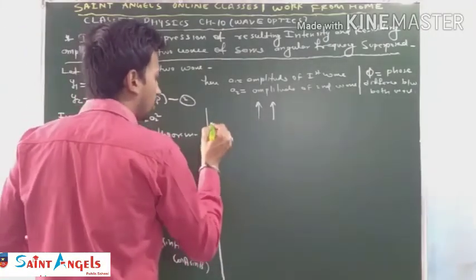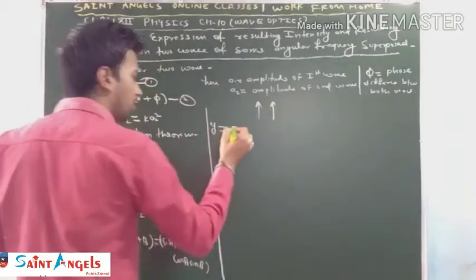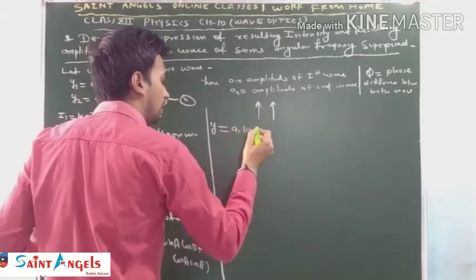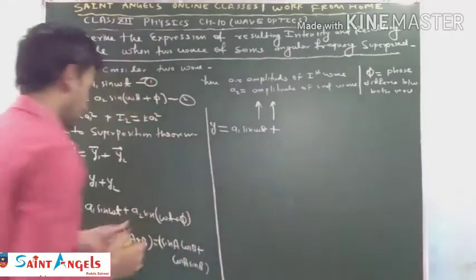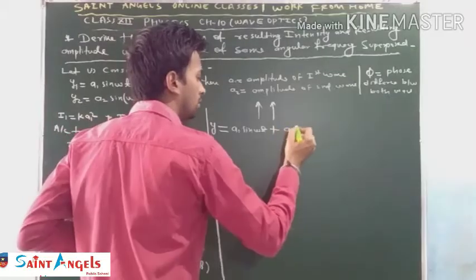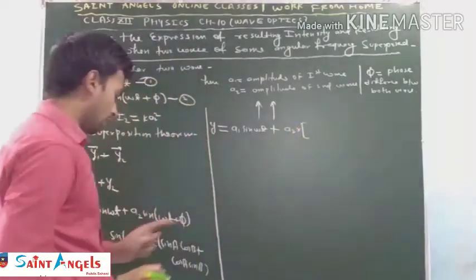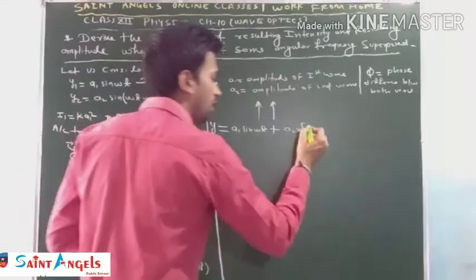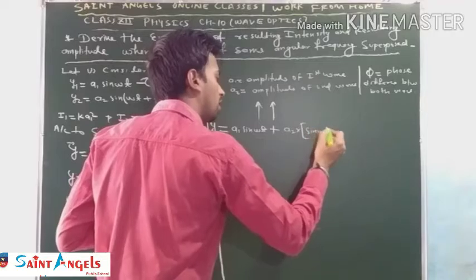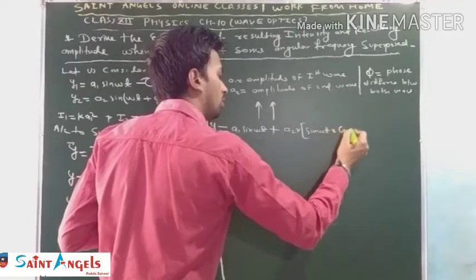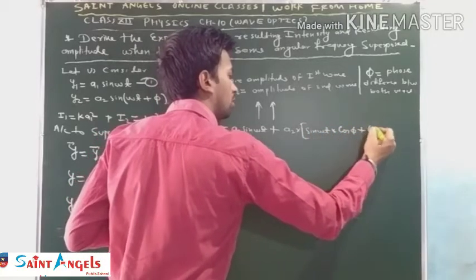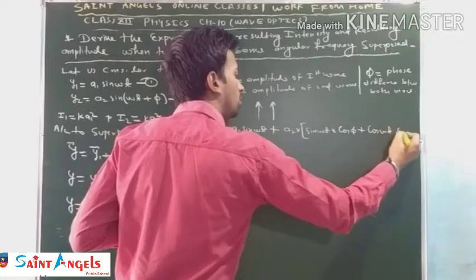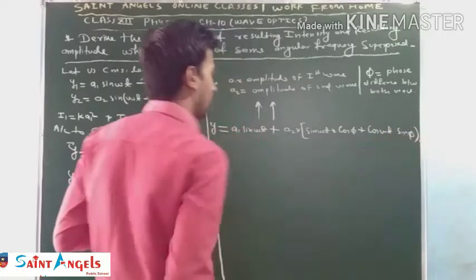So we have y equal to a1 sin omega t plus a2 sin (omega t plus phi), sin (a plus b). So sin a, it means sin omega t into cos phi plus cos omega t into sin phi.